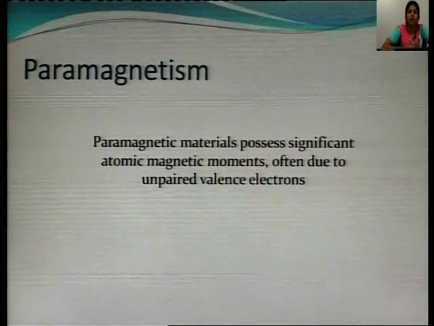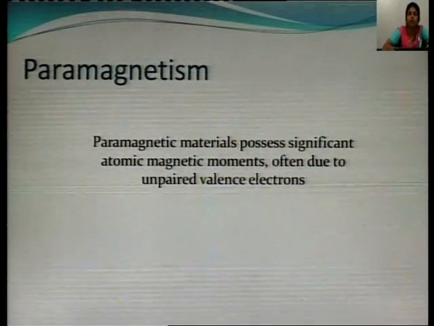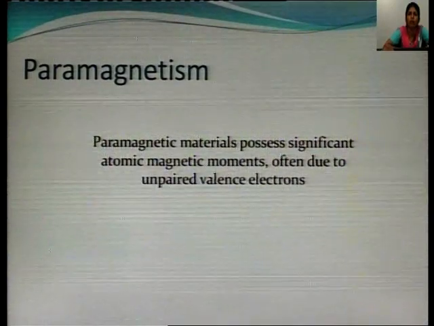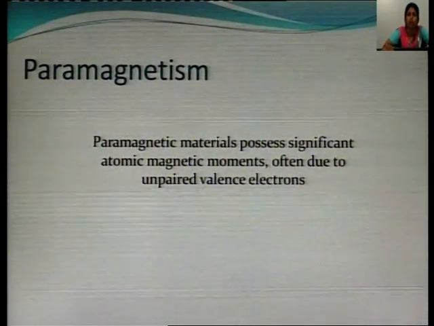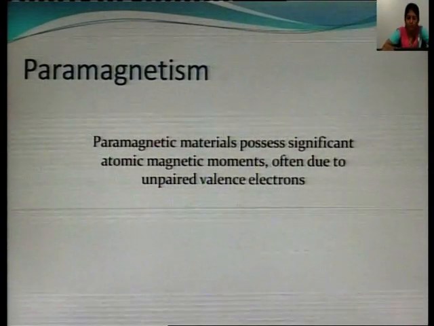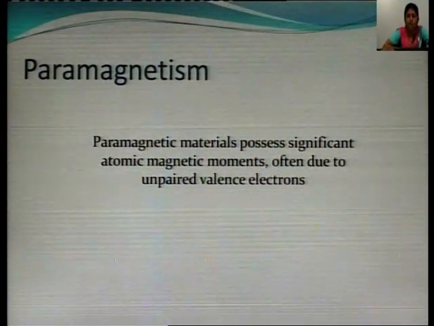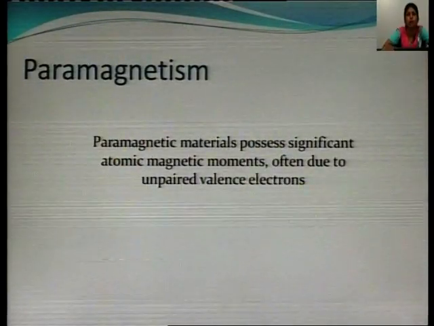The second type is paramagnetism. Now, paramagnetic materials possess significant atomic magnetic moments, often due to unpaired valence electrons. Means you can say that paramagnetic materials are those that are slightly attracted by a strong magnetic field.